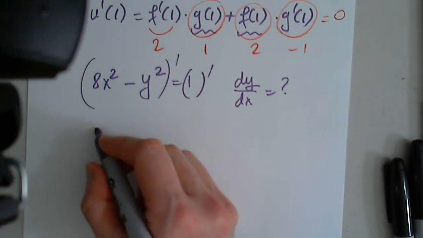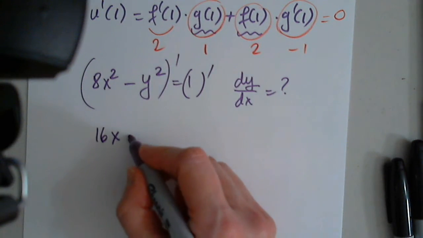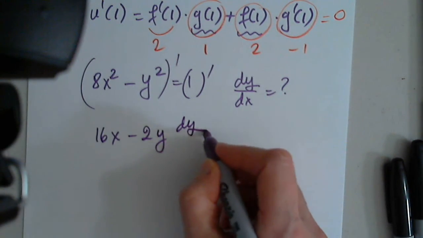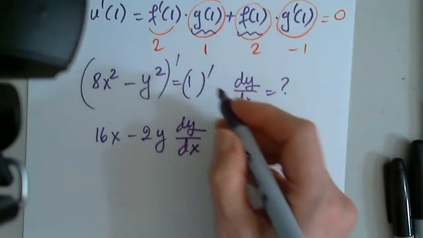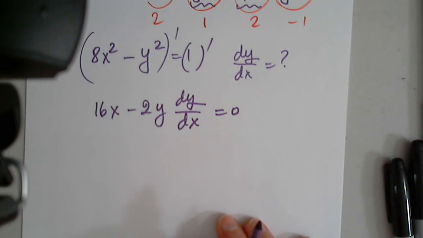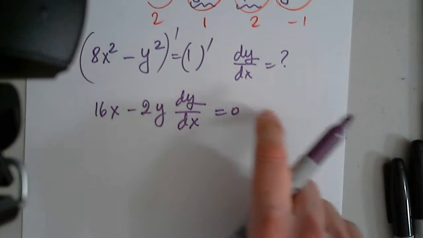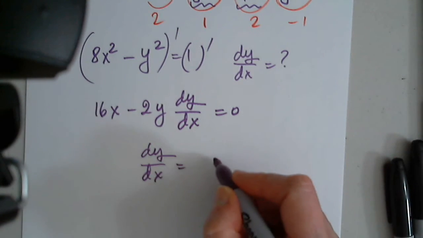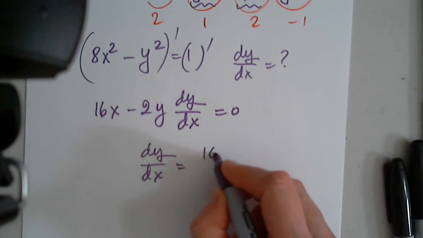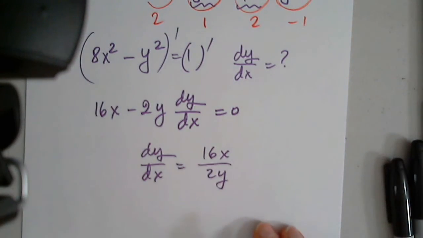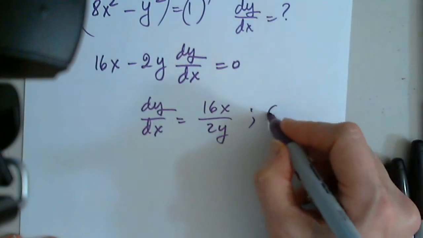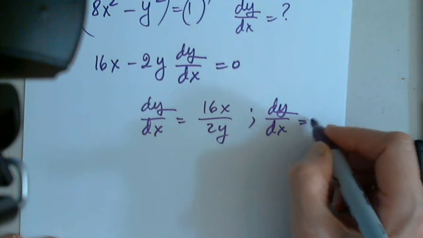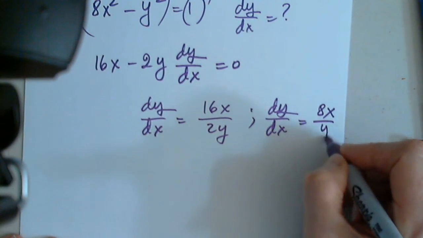When I differentiate this, I get 16x. When I differentiate this, it is negative 2y dy over dx. And of course, this one is 0. So I move 16x to the other side, so I have dy over dx, which is, both of them will be negative, so it's 16x over 2y. So the answer would be dy over dx equals 8x over y.